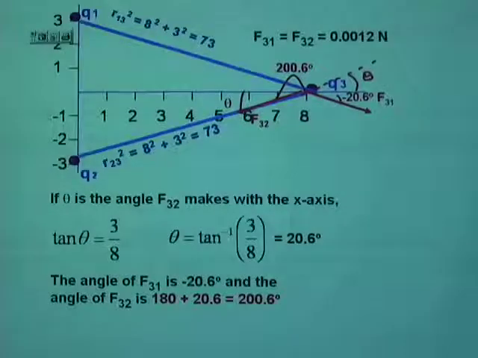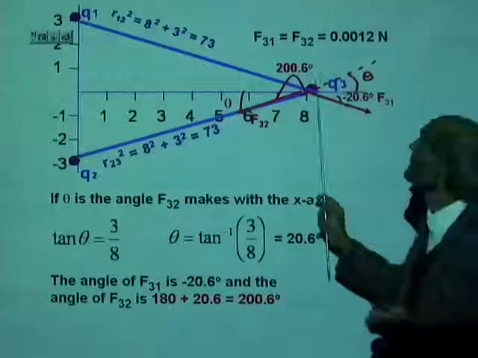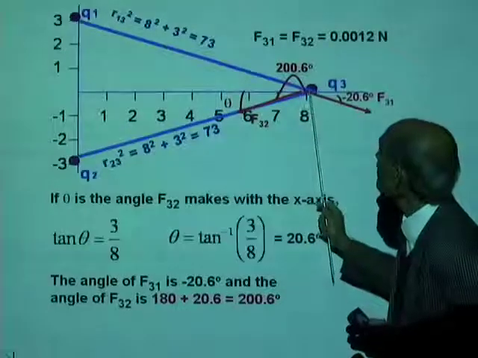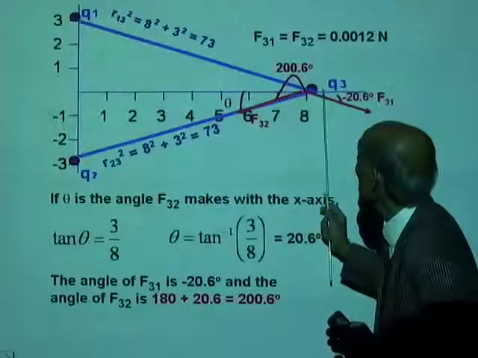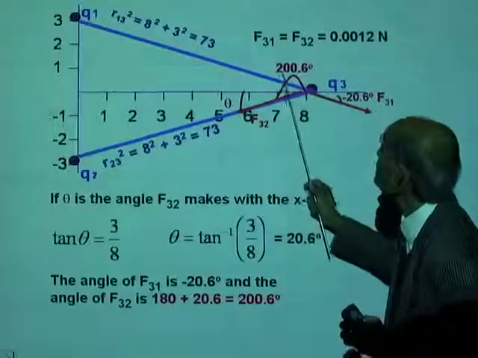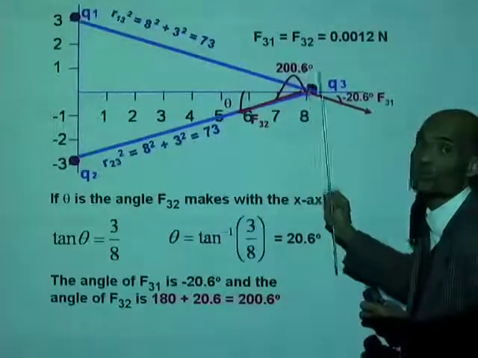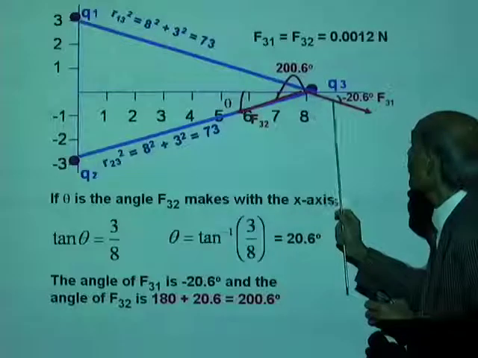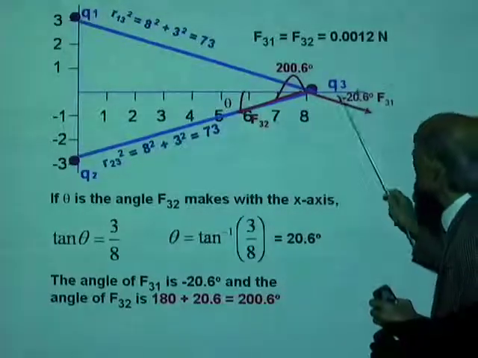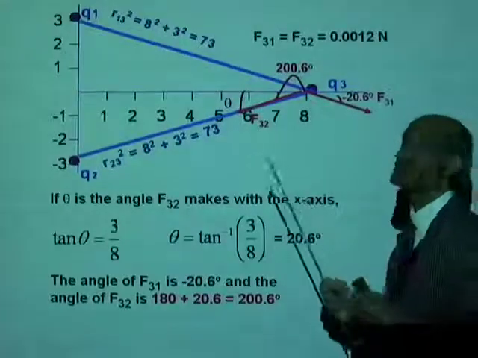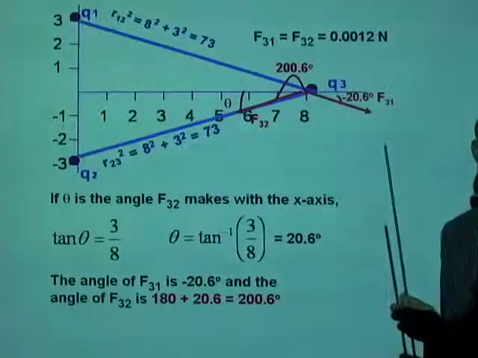I hope you followed my argument. So once again, the angle made by force vector F32 with the x-axis is 200.6 degrees, and the angle the force vector F31 makes with the x-axis is negative 20.6 degrees.